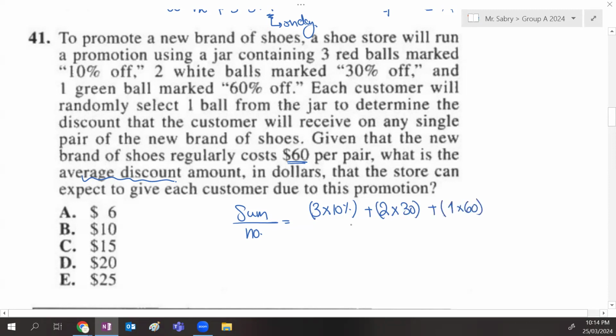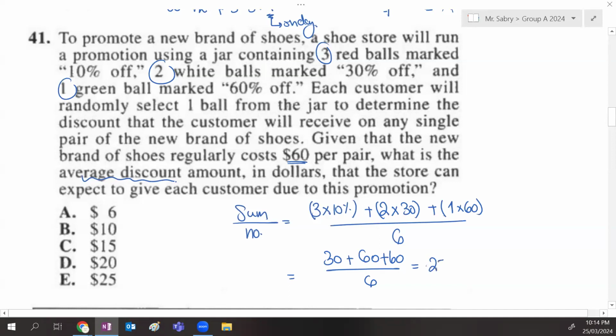Those are all the percentages added together, over how many there are. I count 3 red balls, 2 white, that's 5, and 1 green, so the total is 6. On the calculator this becomes 30 plus 60 plus 60, that's 150 over 6. I think it's 25.